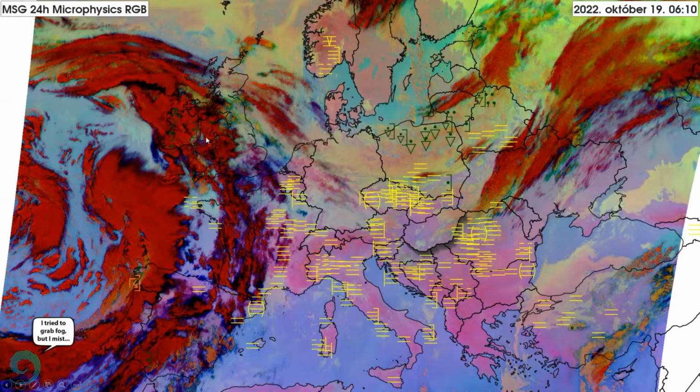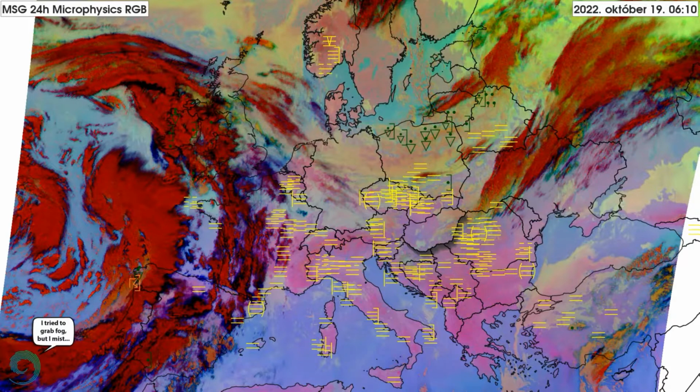You can see here some rain, and you can see there some light rain as well. So I think it's a typical weather situation for the country.